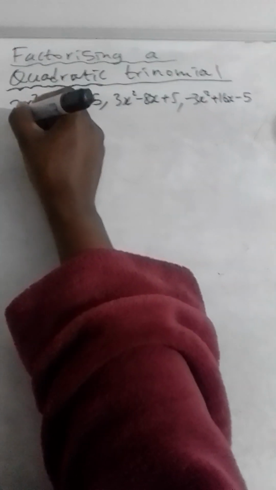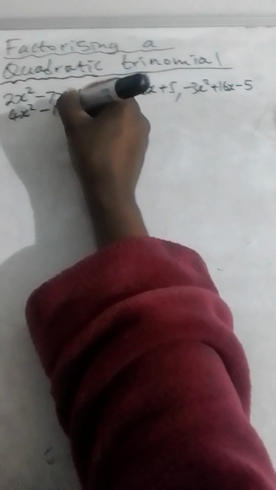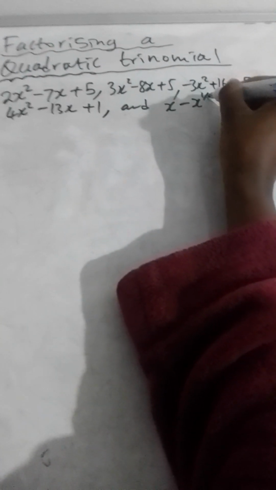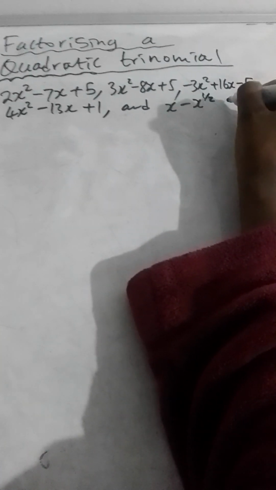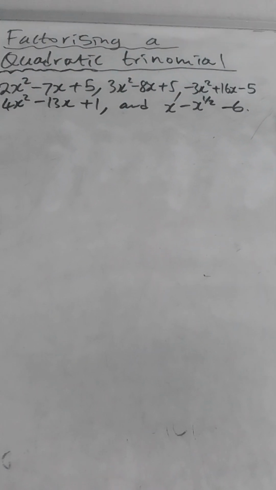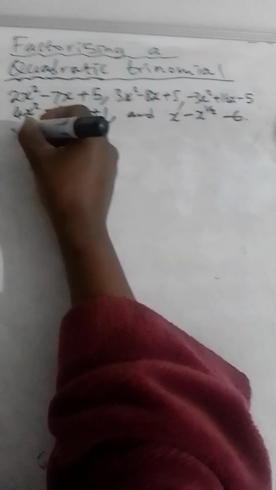Alright, then the fourth one was 4x squared minus 13x plus 1. And the last one was x minus x to the half minus 6. Now, let's go on and do the first one.